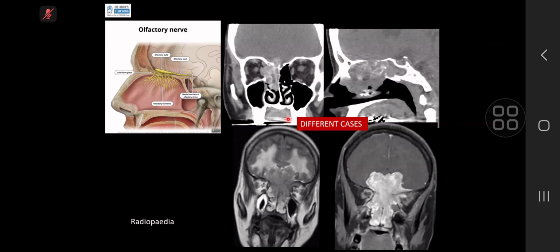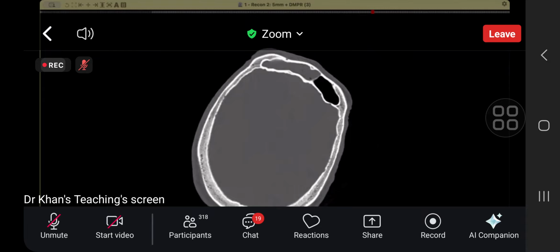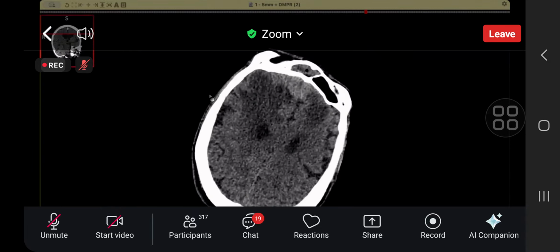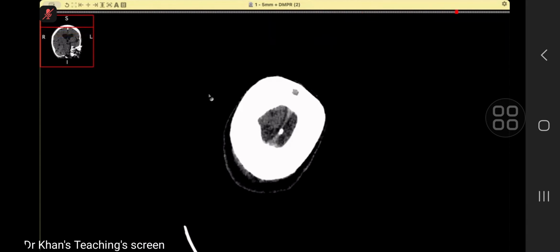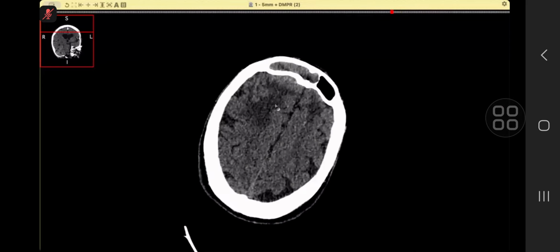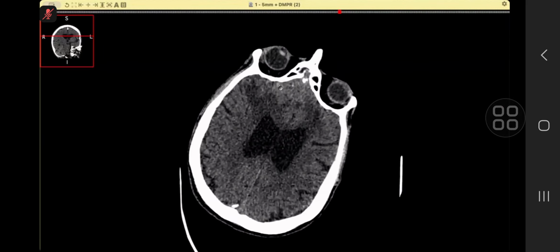So let me go through the case. On the usual window, retrospectively speaking, if you see, there was this low density, and there is a bit of high density here, right?